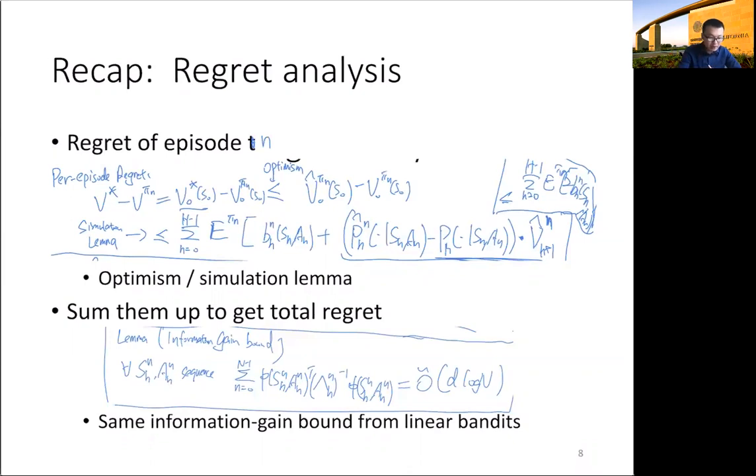And so this is the right notion of per episode regret for episode n, right? And by optimism and the simulation lemma, we have reduced the problem to bounding this complicated looking quantity. So this quantity is really the key quantity of interest that we'll be addressing today, right?